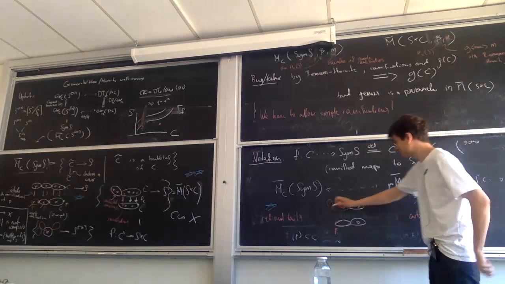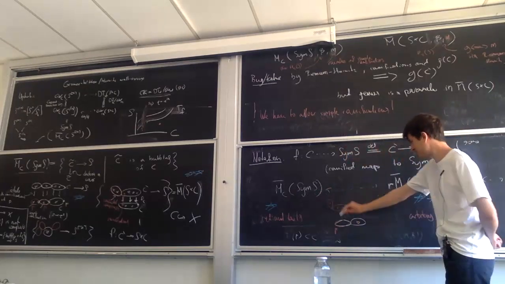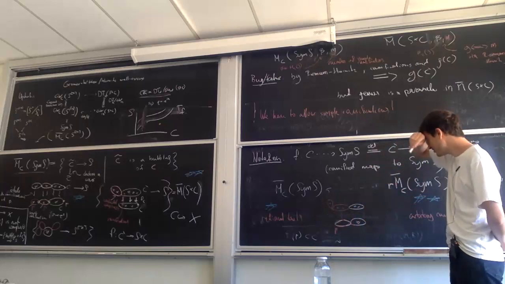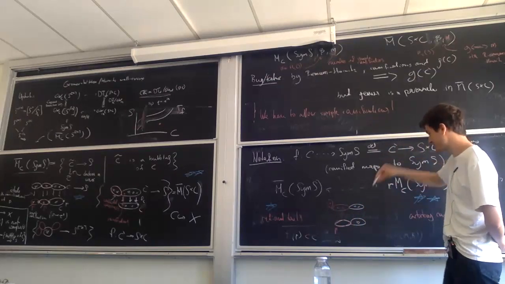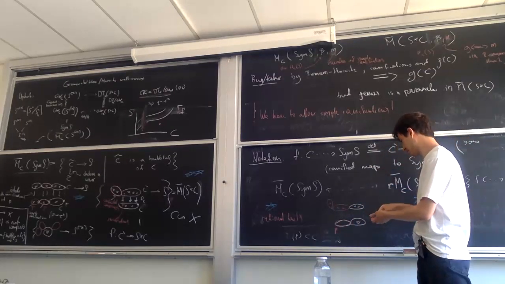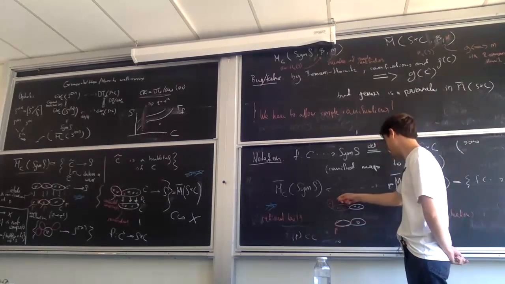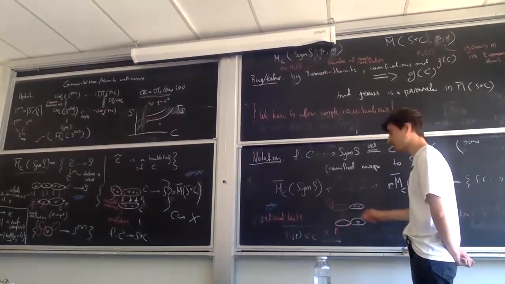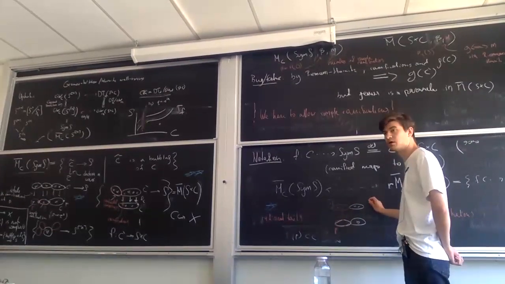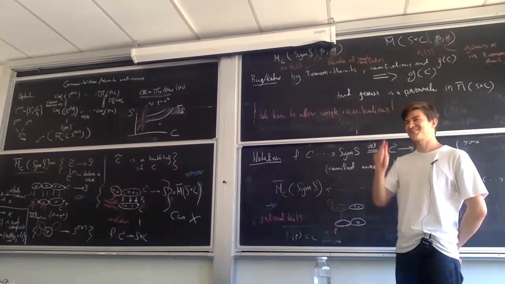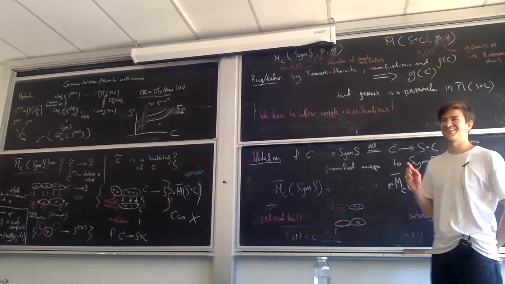So between these two cases, you have this intermediate kind of moduli spaces that allow both P1s, so rational tails, and ramification. It's called epsilon ramified or epsilon admissible.